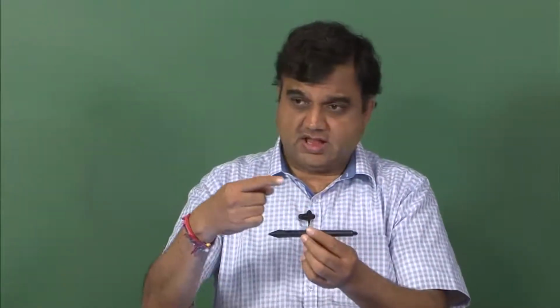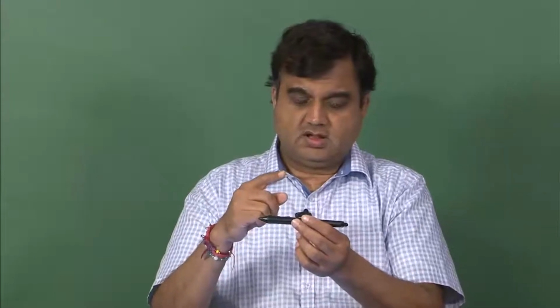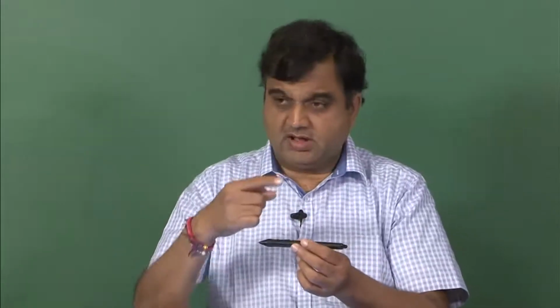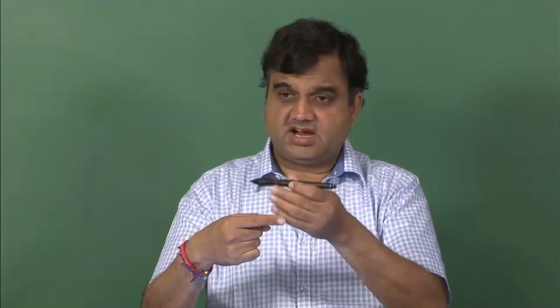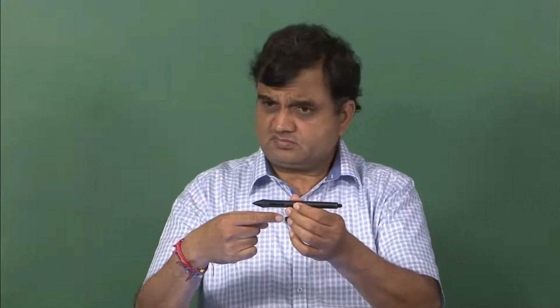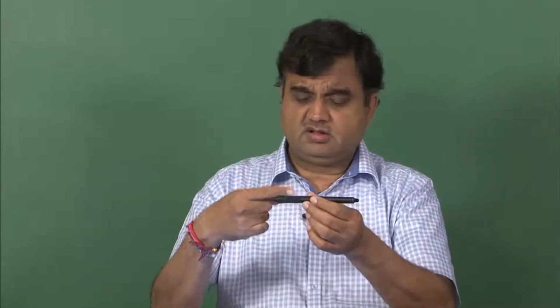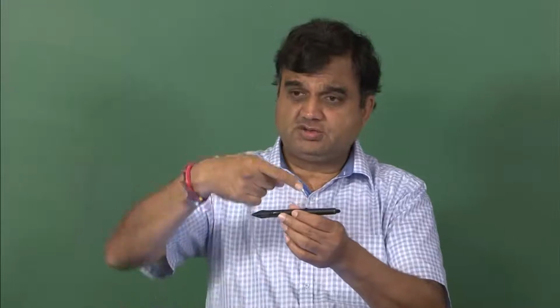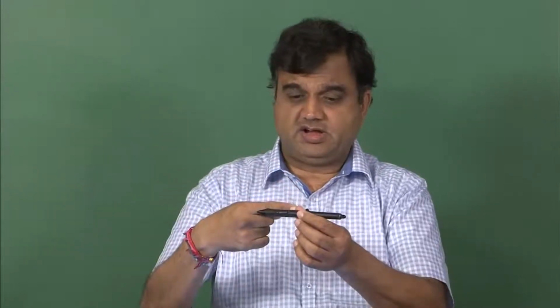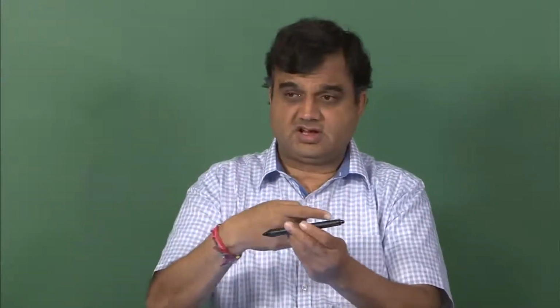So, in one revolution there will be 8 interactions. Now, suppose there are 2 stator blades, one blade like this and another on that side, then there will be 8 times 2, which is 16 interactions each revolution.